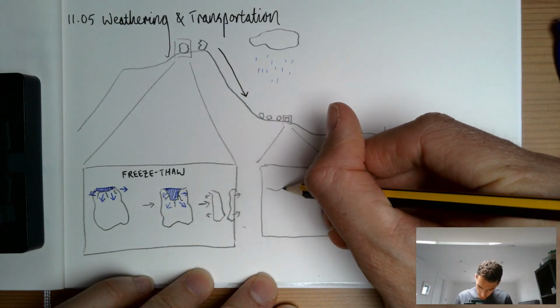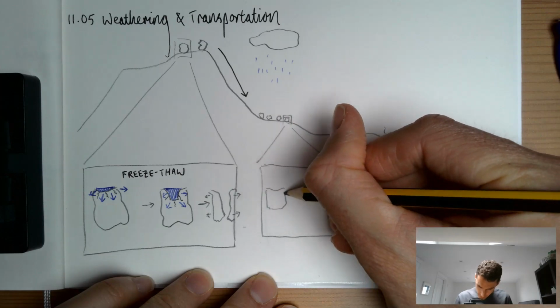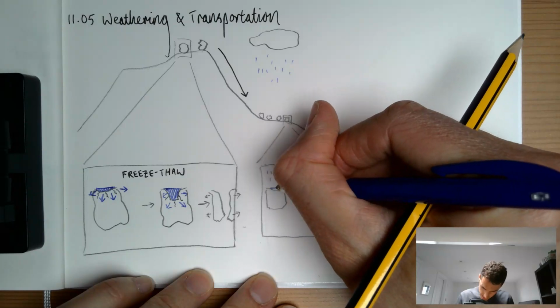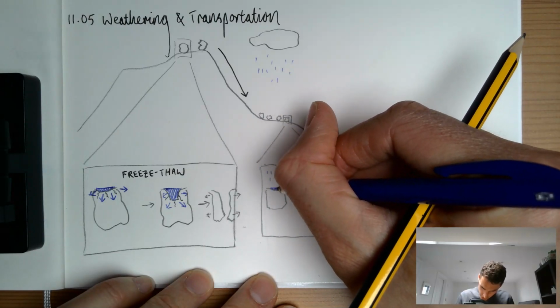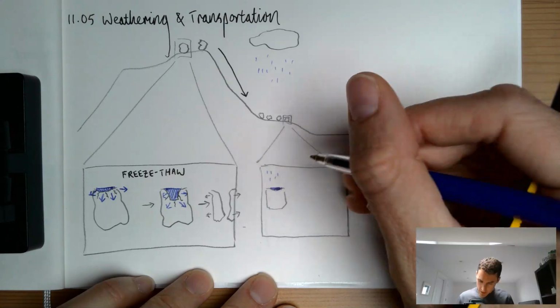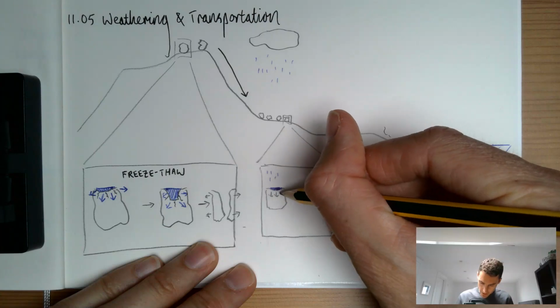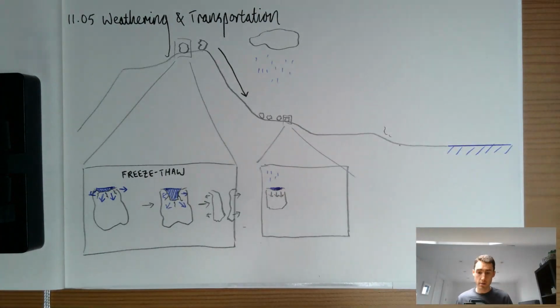So if I draw a little rock here with a crack like that. If rainwater settles in the cracks, well, it can start to react with the minerals in the rock, and it just starts to kind of eat away at the rock by that reaction.